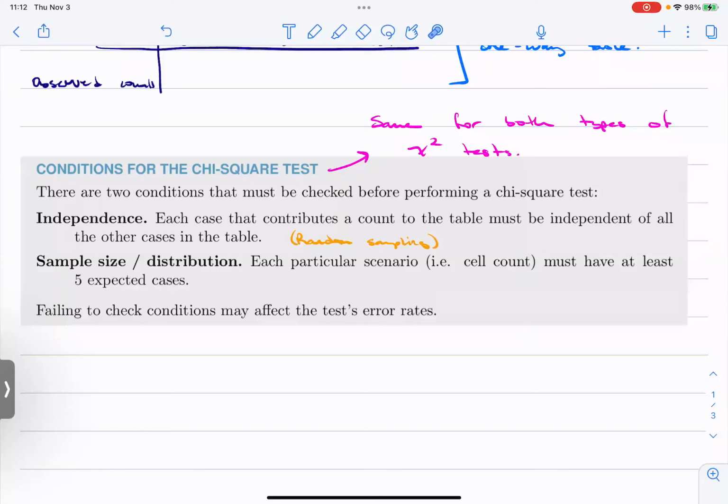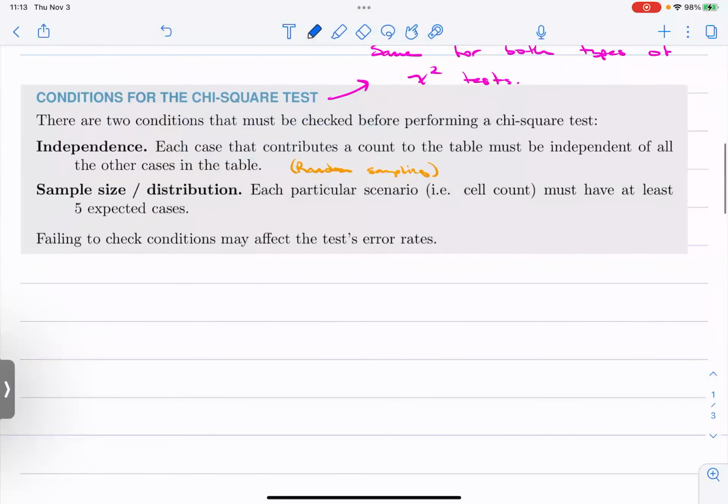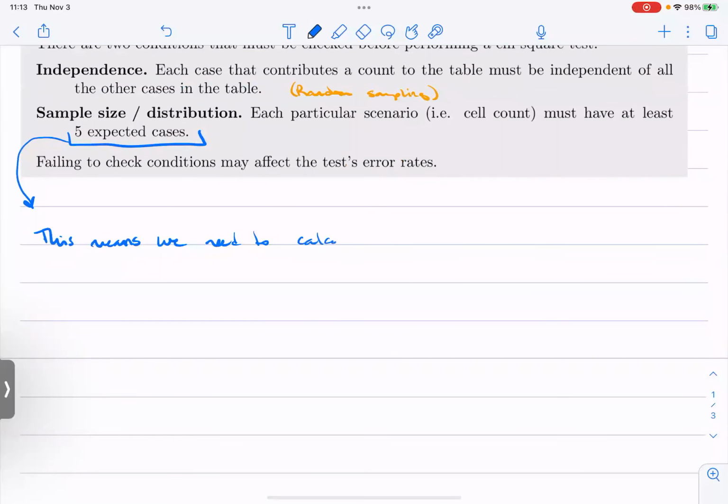And so now the sample size condition is I have to have at least 5 expected cases in each cell, which means that in order to check the conditions, we first need to calculate the expected counts for each cell before we can check the conditions.